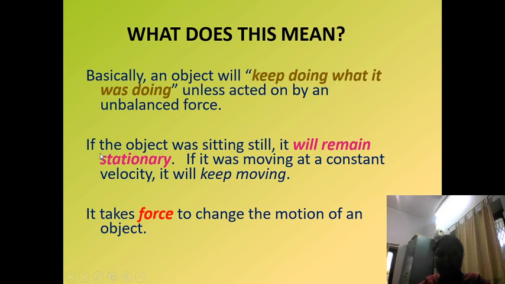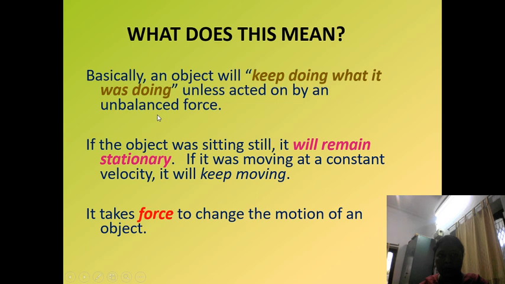If the object was sitting still, it will remain stationary, or if it was moving at a constant velocity, it will keep on moving. It takes force to change the motion of an object. If you want to throw a ball, some force is applied so that the ball moves from one place to another.